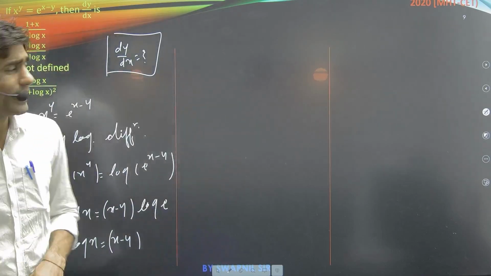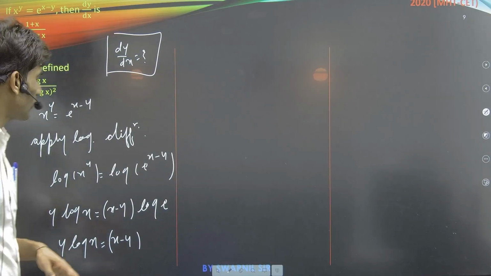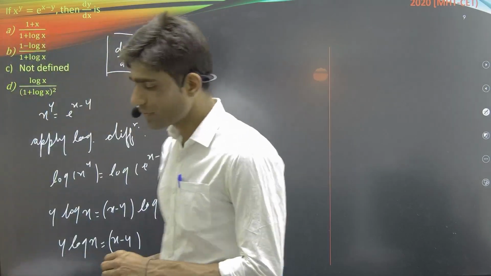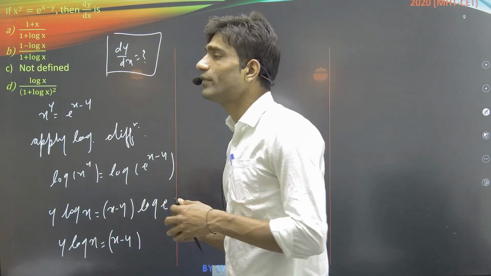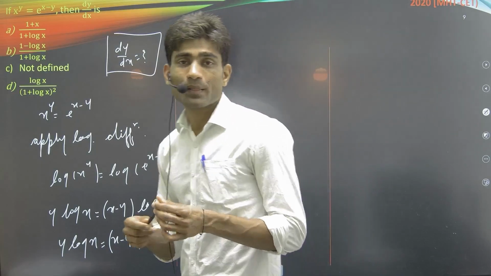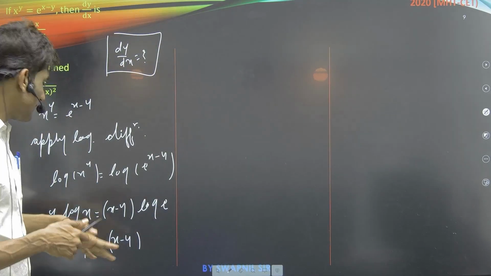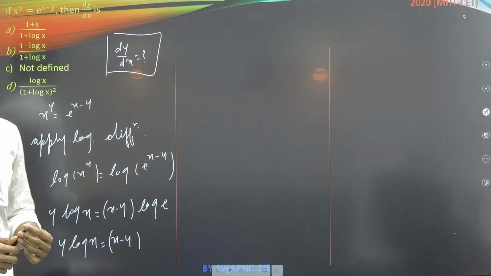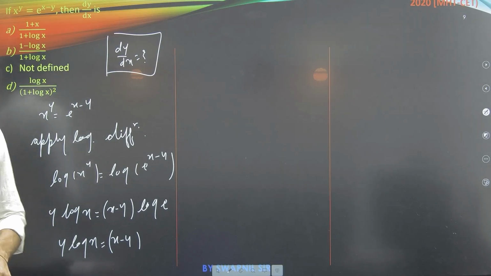Now what do we do in our next step? We go for finding the differentiation with respect to x. Take the term to one side, x minus y, and then find the differentiation. In our example, this is the simplified form: y log x equals x minus y.